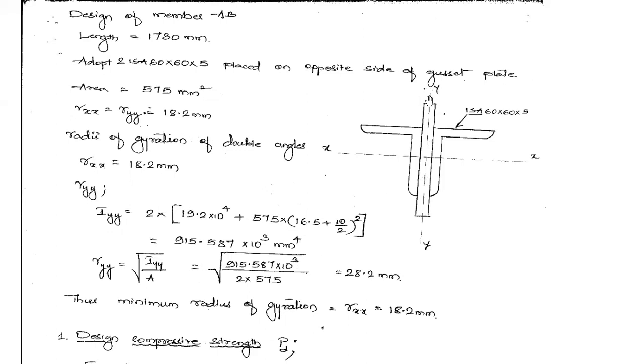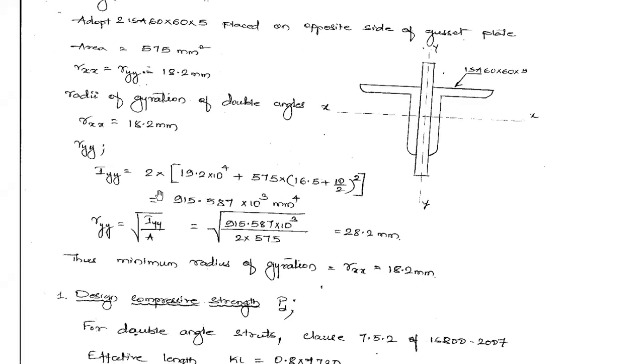So YC has to be taken from this y axis. So 16.5 plus 10 by 2 will be YC.